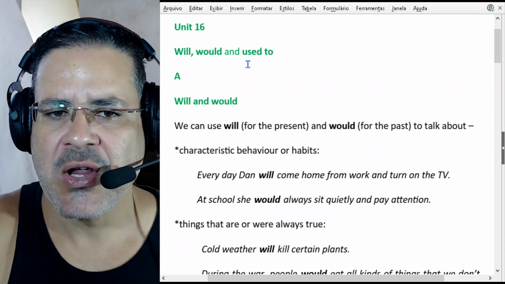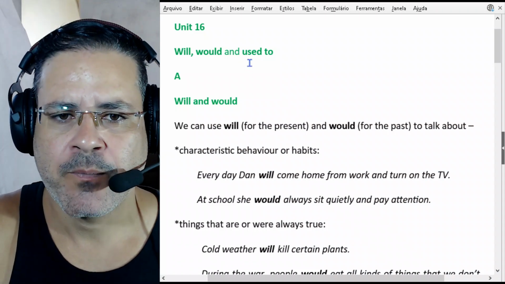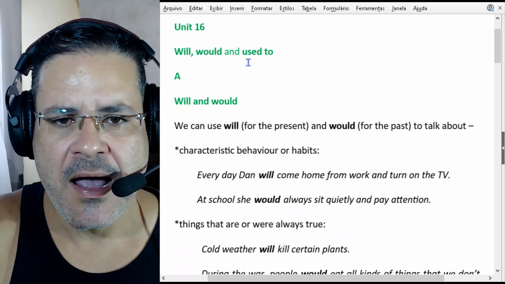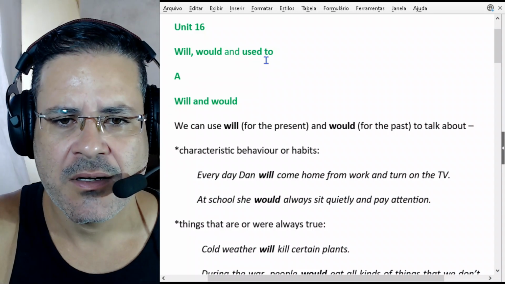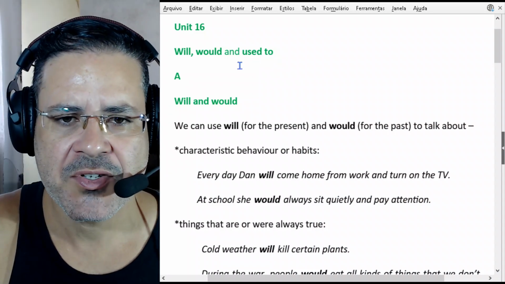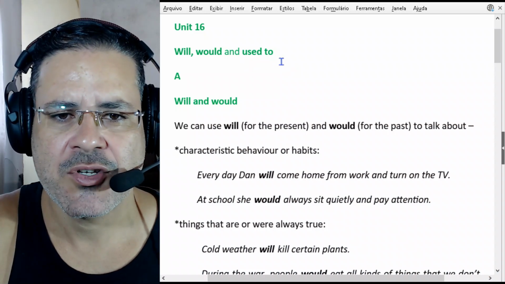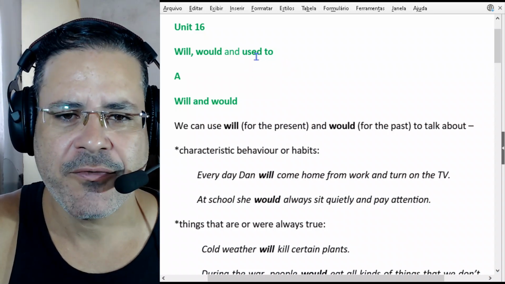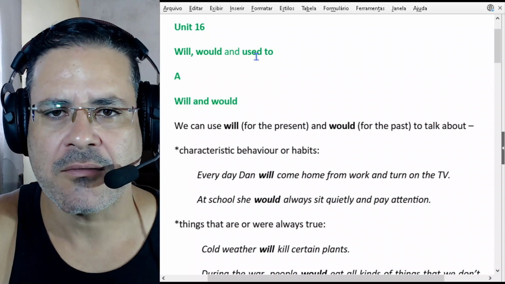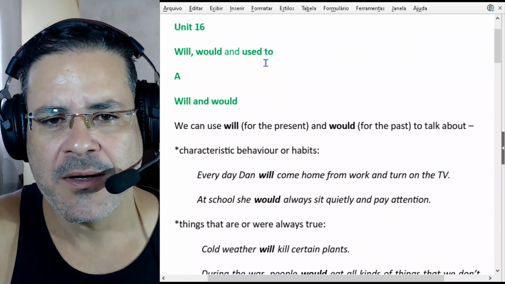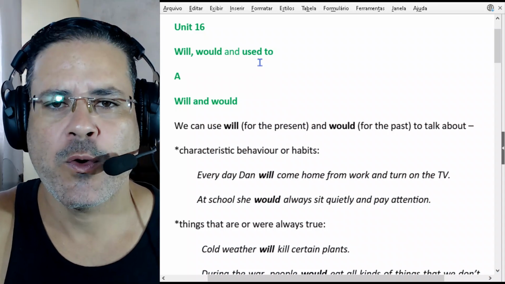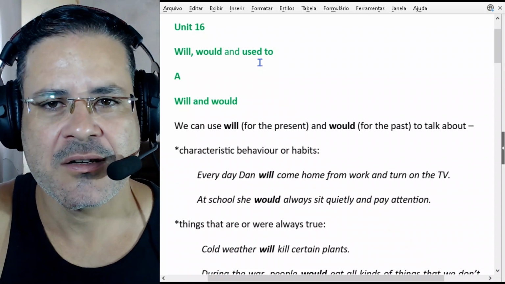Now notice how I pronounce that. We spell it U-S-E-D-T-O. Used to. But at the end of used, there's a t sound, and following that t sound, we've got another t sound.